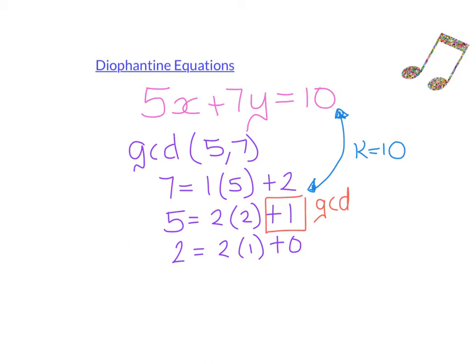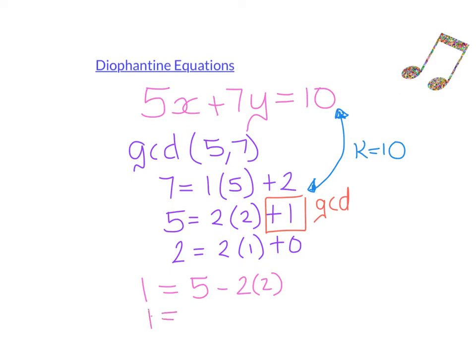So now we're going to work backwards and express 1 in terms of 5 and 7. So starting from here and rearranging, 1 is equal to 5 minus 2 lots of 2. And then remember, we're substituting the 2 from here, and 2 is the same as 7, take away 1 lot of 5.